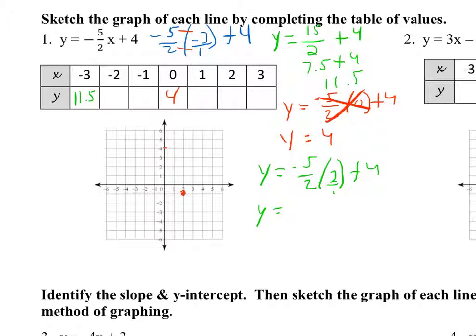Again, it's 2 over 1. Top times top, bottom times bottom, and we get -10 over 2 plus 4. And that is -5 plus 4, so y becomes -1. And that is where our next point is. And this is our graph.